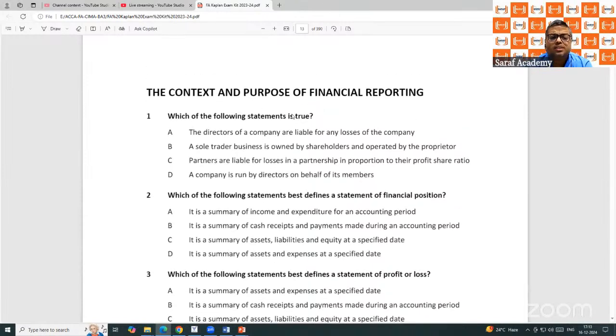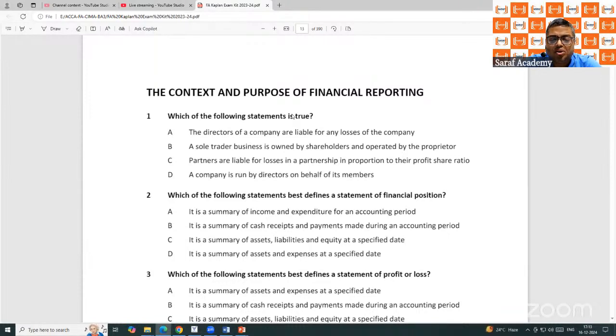Which of the following statements is true? The directors of a company are liable for any losses of the company. A sole trader business is owned by shareholders and operated by the proprietor. Partners are liable for losses in partnership in proportion to their profit sharing ratio.